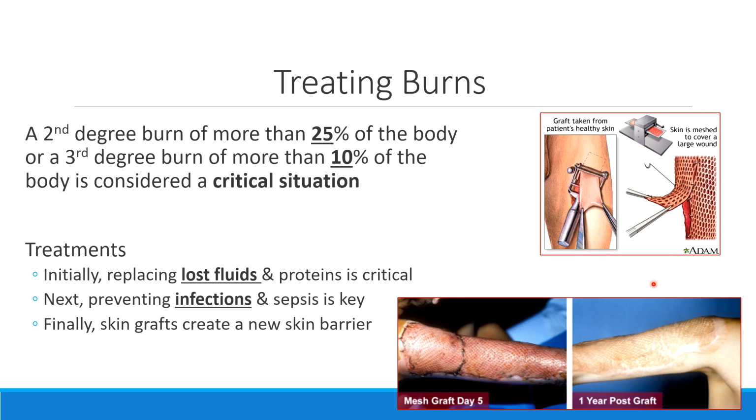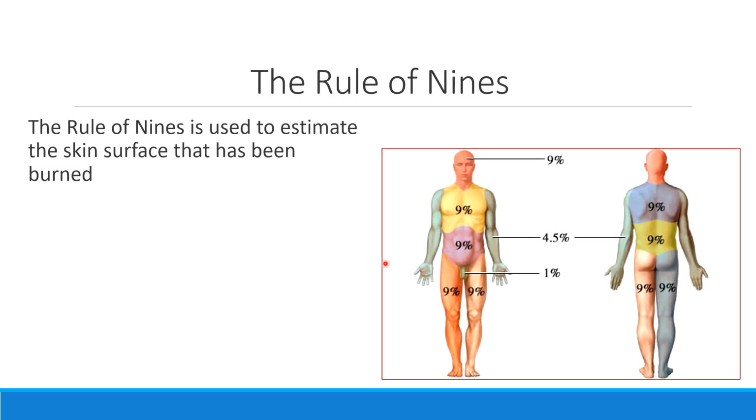Those numbers that I tossed out for you, the 25% and the 10%, they're not just randomly determined. We use something called the rule of nines to determine about how much of your skin has been damaged in a burn. We call it the rule of nines because different sections of the body account for 9% of the skin area.